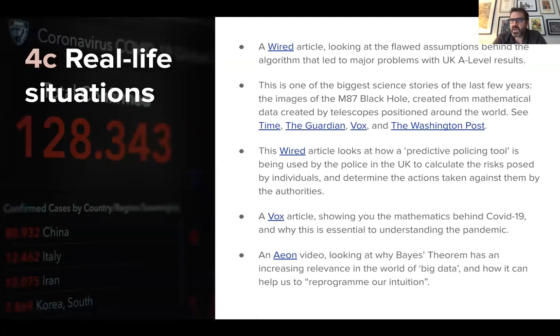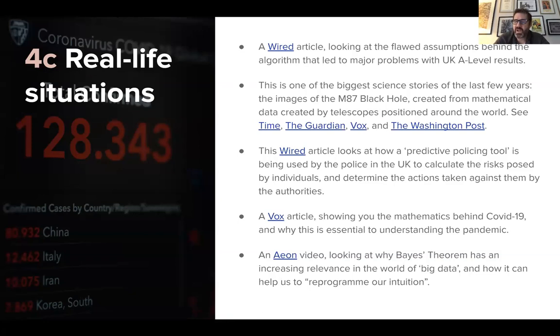So the first one, if you're not in the UK, you might not have seen this story, but it's happening in most courses, right? It happened in the IB diploma as well. But for the UK, our A-level results were more of a disaster, I think, than the DP.